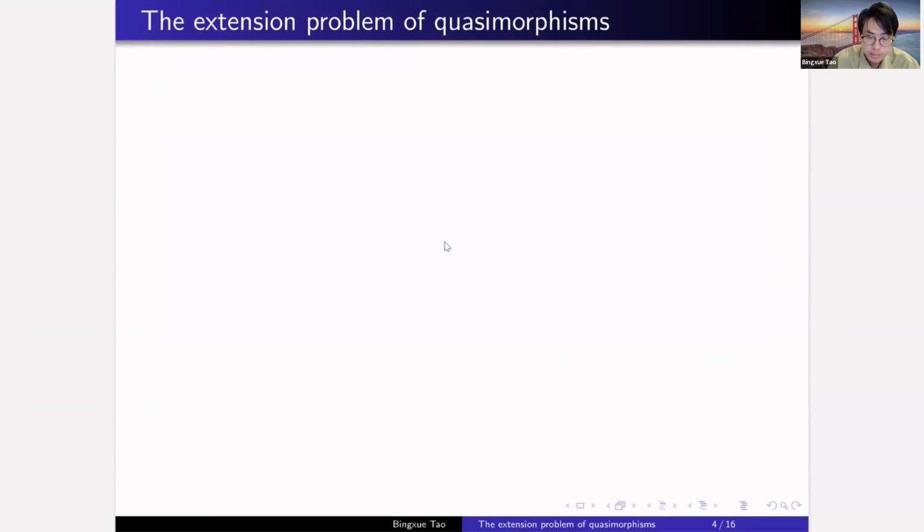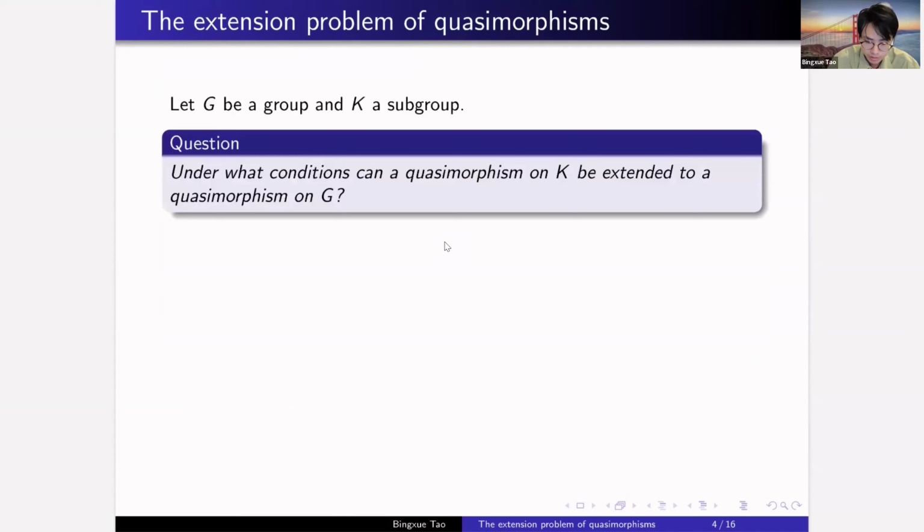So let me state the extension problem of quasimorphisms and give you a simple necessary condition. You have a group G and a subgroup K. The question is simply: under what conditions can a quasimorphism on K be extended to a quasimorphism on G? Here we say that the quasimorphism extends to a quasimorphism on the whole group, where we mean that it is a strict extension.